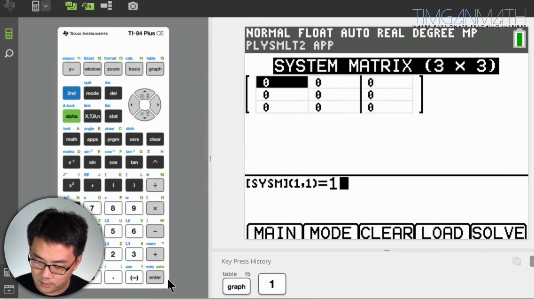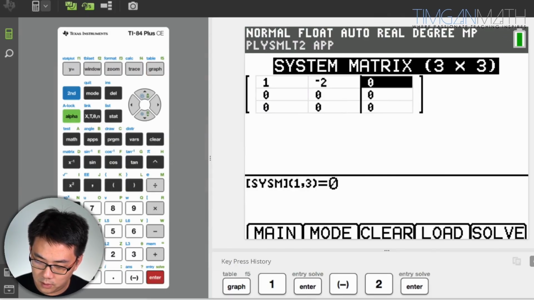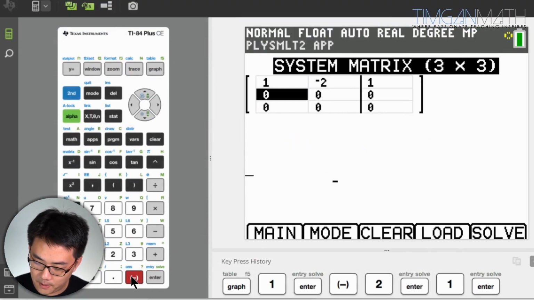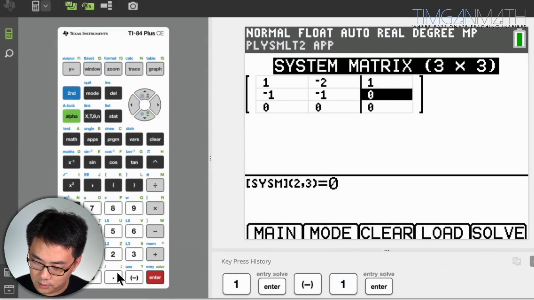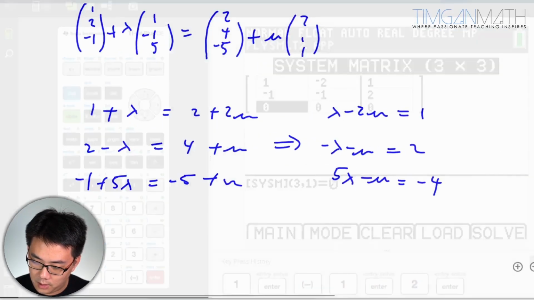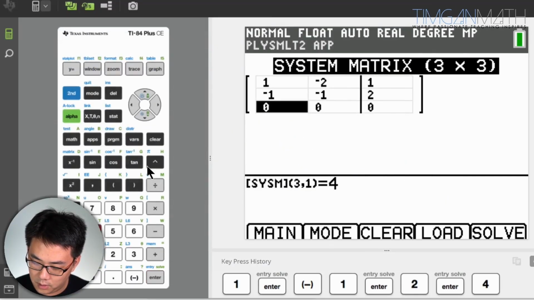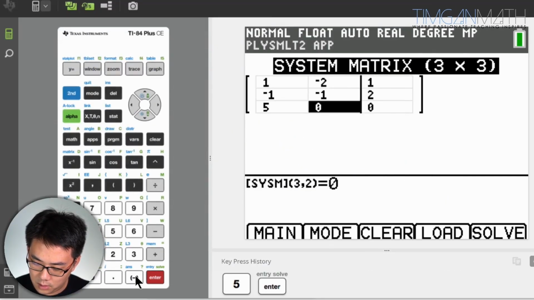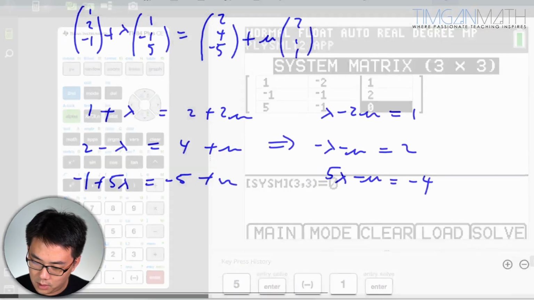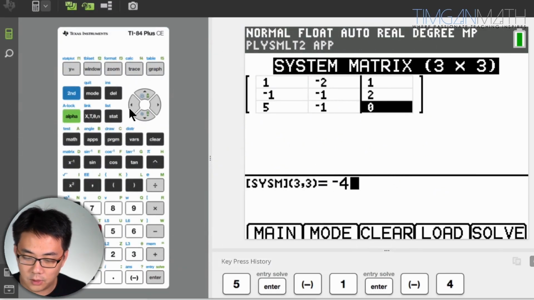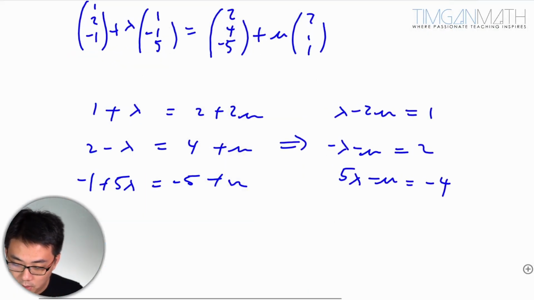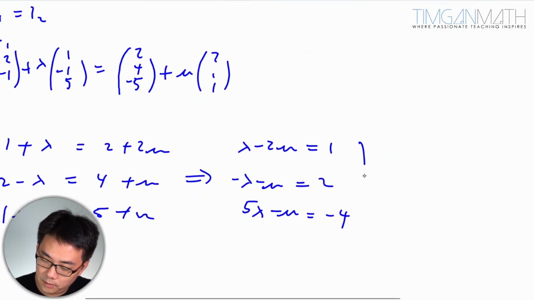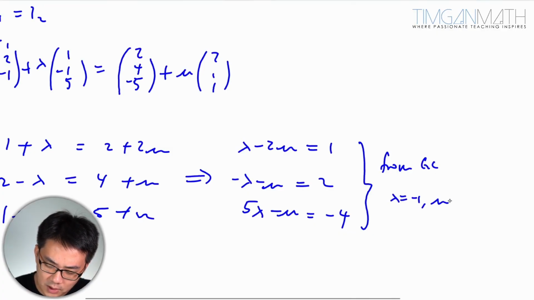This is 1, minus 2, 1, -1, -1, 2 and 5, -1 and -4. Okay, then solve it and you get -1, -1. So from GC, lambda equals -1, mu equals -1.